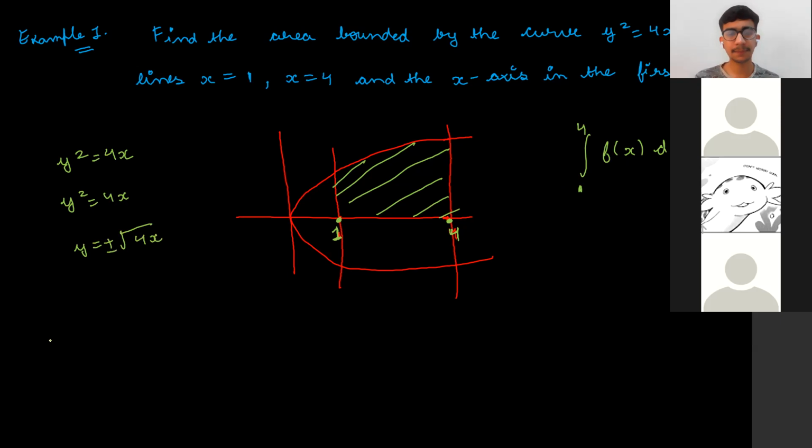Yes, but sir, we'll take only the positive value because we need the area in the first quadrant, right? So y will be only equal to positive square root of 4x. Now y is equal to a function of x, so what value can we put for f of x? Square root of 4x. So that means integration from 1 to 4 square root of 4x dx. This is how my integral looks. Okay, so this will give me the required area.